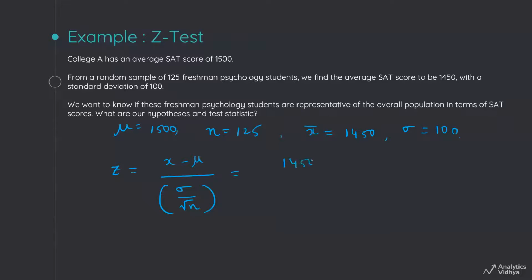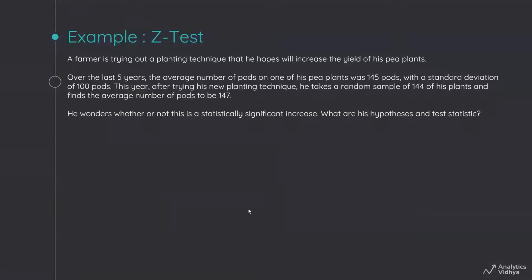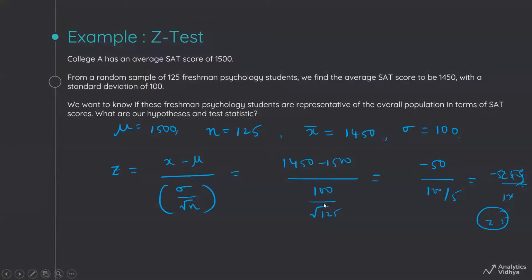X is 1450 minus 1500, divided by 100 by root of 125, which gives me minus 50 by 100 by 5, close to 25. That's my z-score. Now, what do we do here?